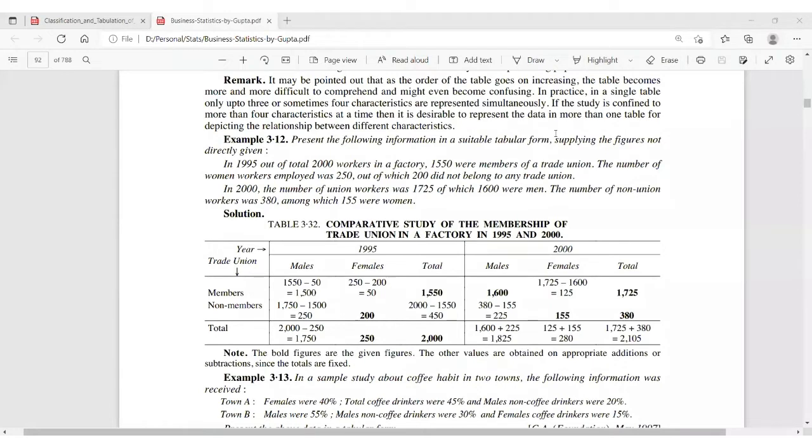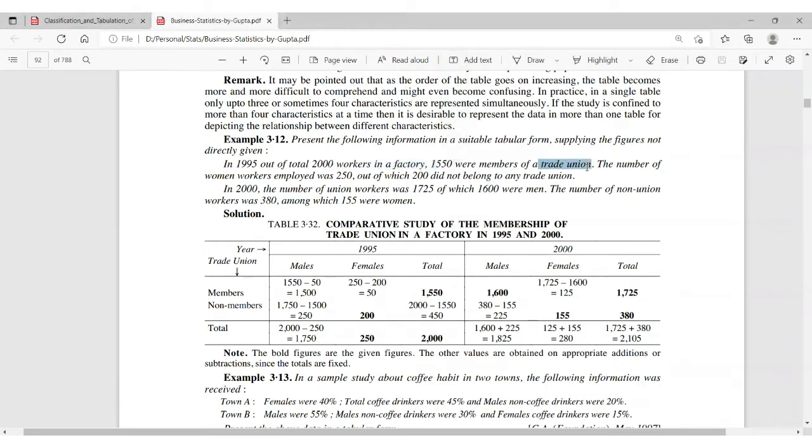Now, please look carefully at this example, right? This is your first practical question. Start with this. Again, look at the question carefully. In 1995, what we have seen is workers in a factory, right?